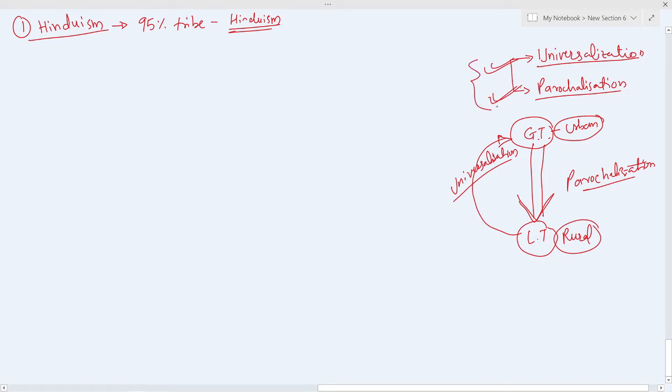When L.P. Vidyarthi studied the sacred complex of Gaya, we find the mention of these two terms there. When we do that topic, you will get to understand these two terminologies better.